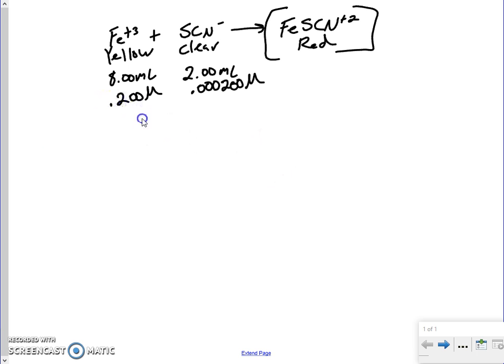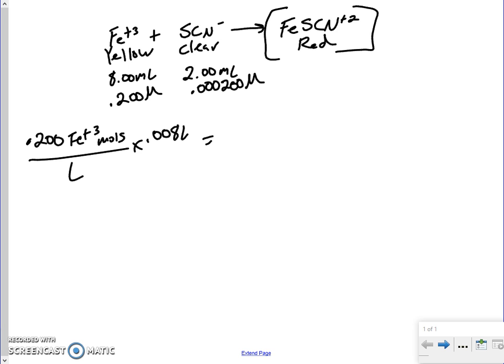First and foremost, when we're doing stoichiometry, we have to get into moles. So remember our molarity, we'll do of the iron to begin with, is moles per liter. Okay, well, we only used 8 milliliters, so times 0.008 liters to actually get that number.